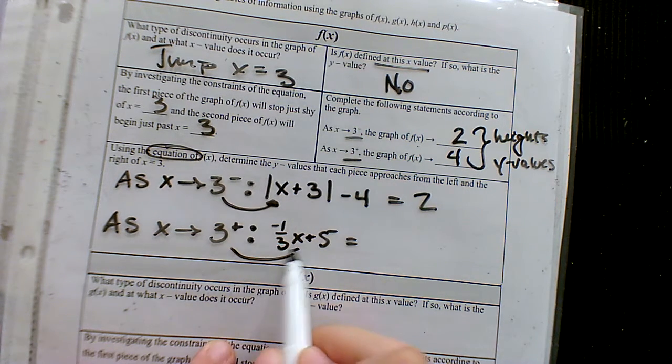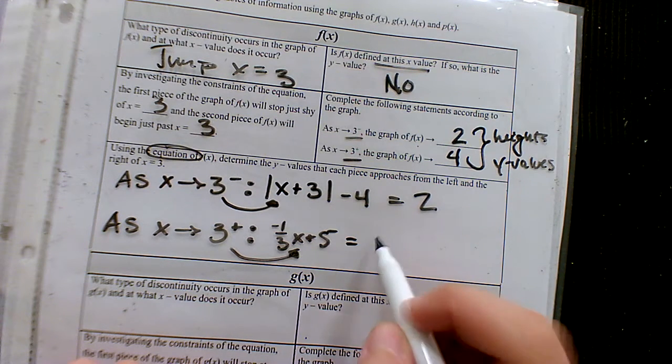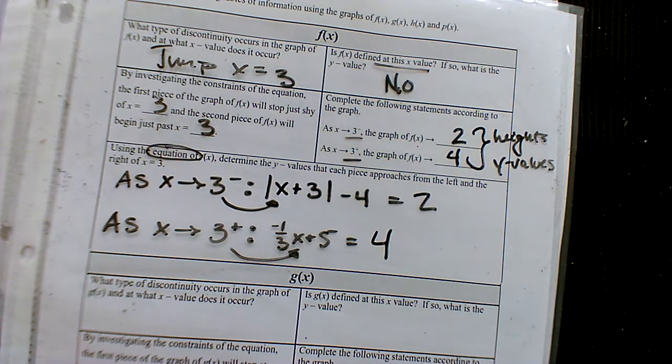So we'll plug in 3. We'll get negative 1 plus 5, which is 4. Notice how it matches what we said based off the graph. This is going to help us practice getting used to not having the graph there to determine the heights. We can just use the equations.